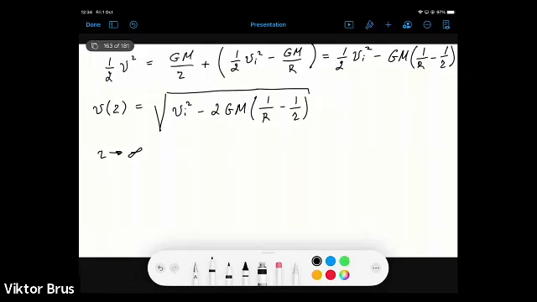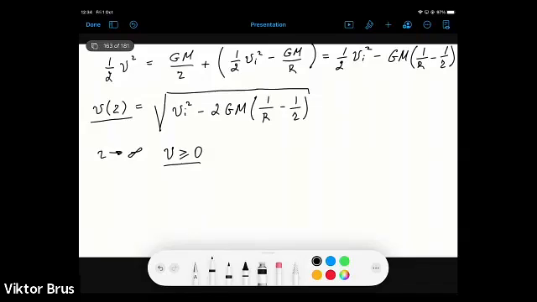And in that case, we also set condition that this velocity as a function of distance should be either equal or larger than 0. Because if it's going to be negative, it means that the object will start to come back to the planet. So we don't want this, and that's why the velocity should always remain larger or equal to 0.